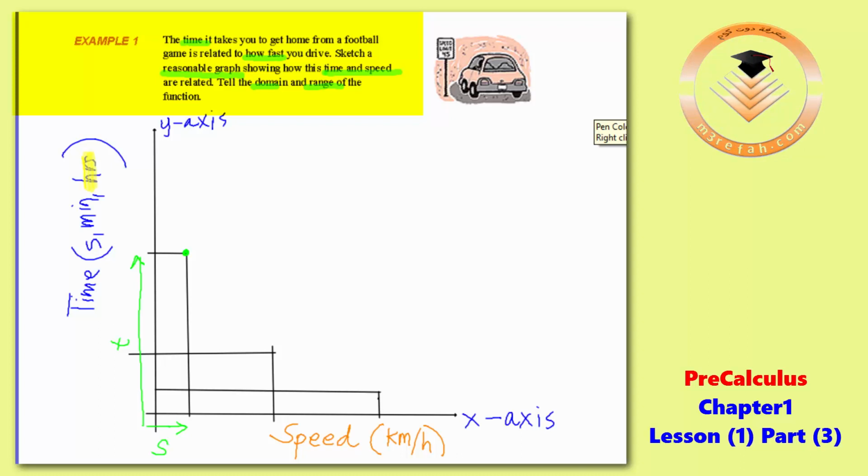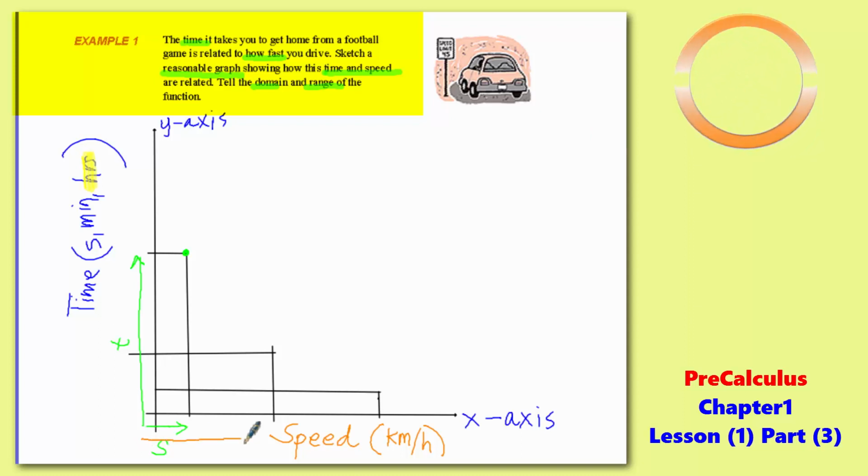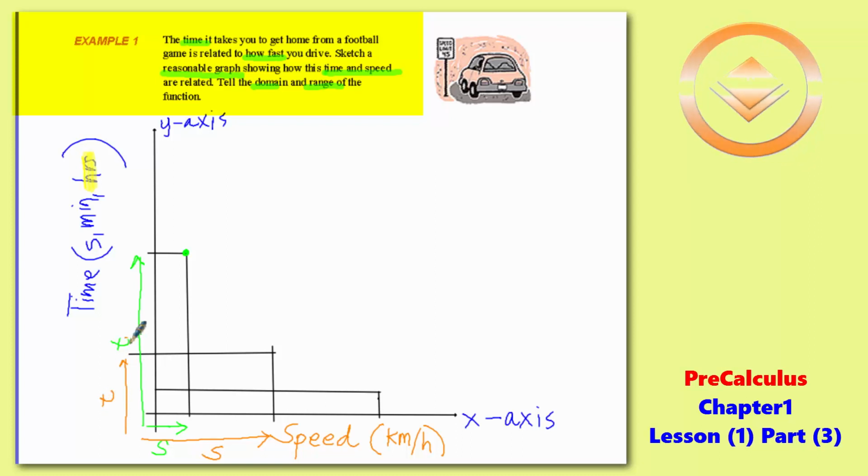Okay, now let's see the other pair of vertical and horizontal lines here. Now as you can see here, you are driving a little bit faster. Okay, now the time that you take to go to a certain place is let's call it T2. Okay, this is S1, this is S2.